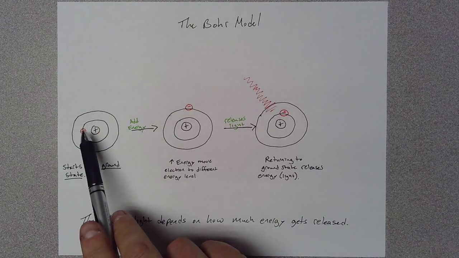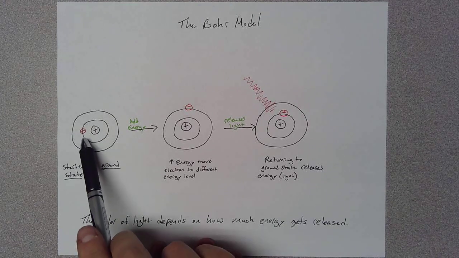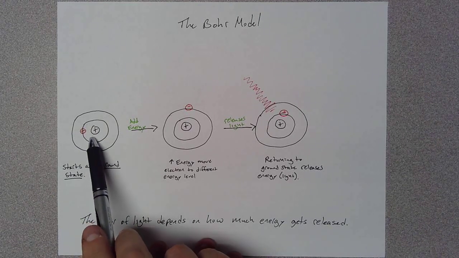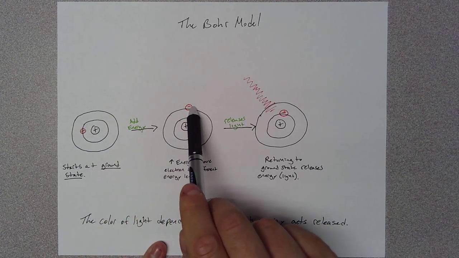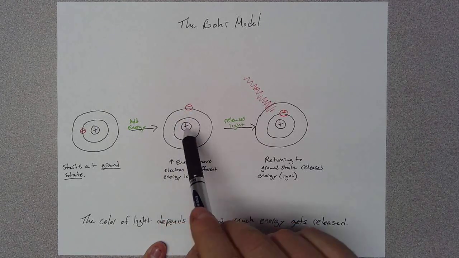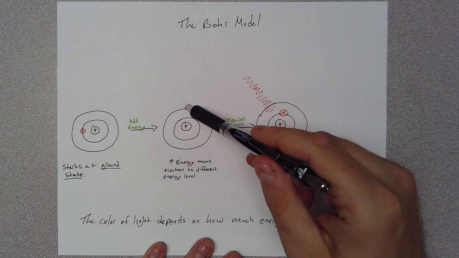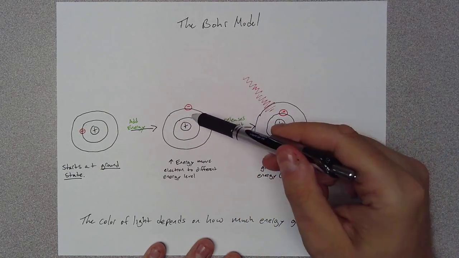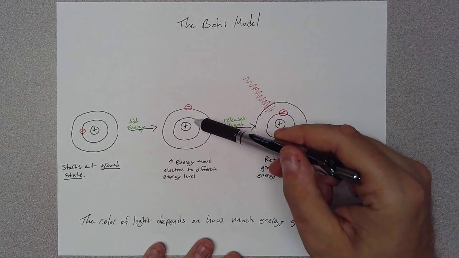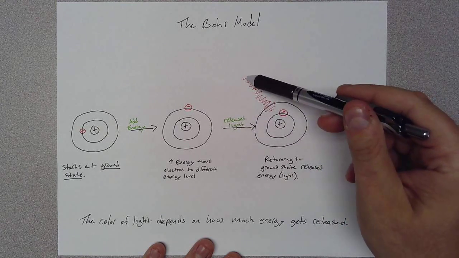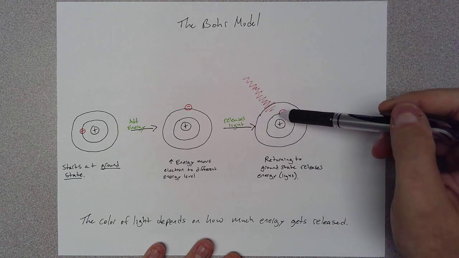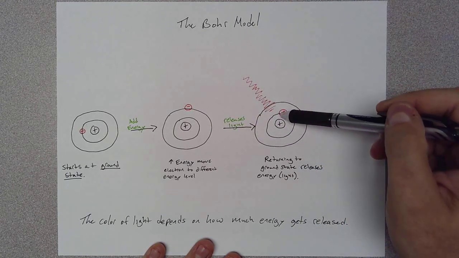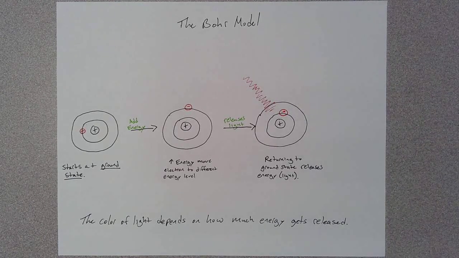So what he proposed is that an electron is going to start in its ground state. When we give it energy, it's going to move up to another energy level, and that energy level is going to have more overall energy in it. Eventually, because it's going to want to go down to its nice stable ground state, it's going to release that energy. And when it releases that energy to go back down to the ground state, it's going to release light.